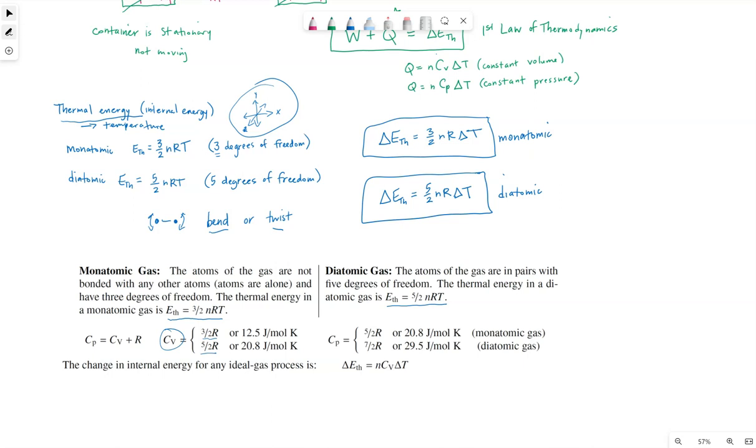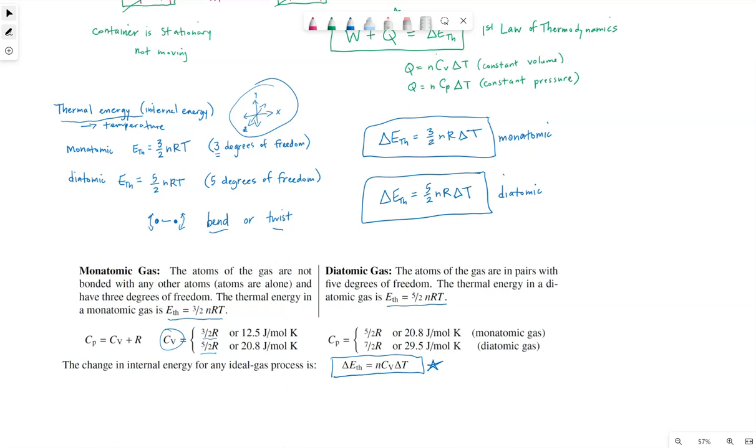CV as well, it turns out we can write the change in thermal energy as n, the number of moles, CV, this constant, this molar specific heat at constant volume, times the change in temperature. So this equation right here, the nCV delta T, is a generic way of writing the delta E thermal.